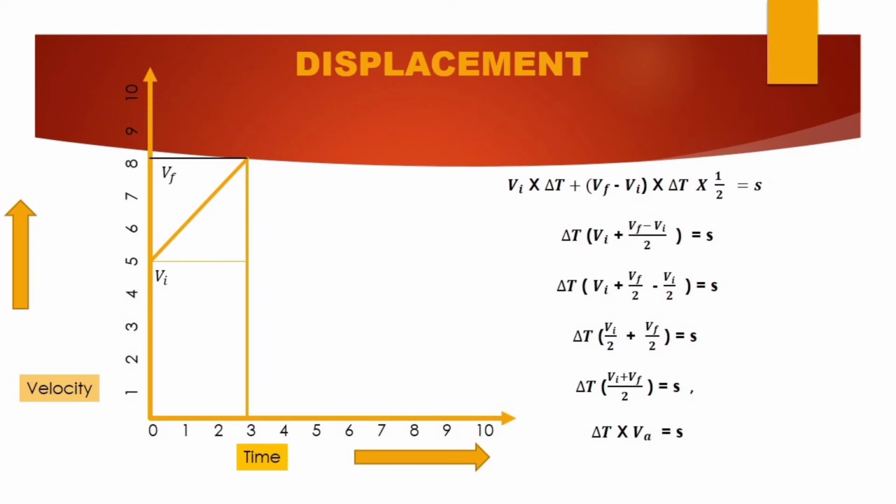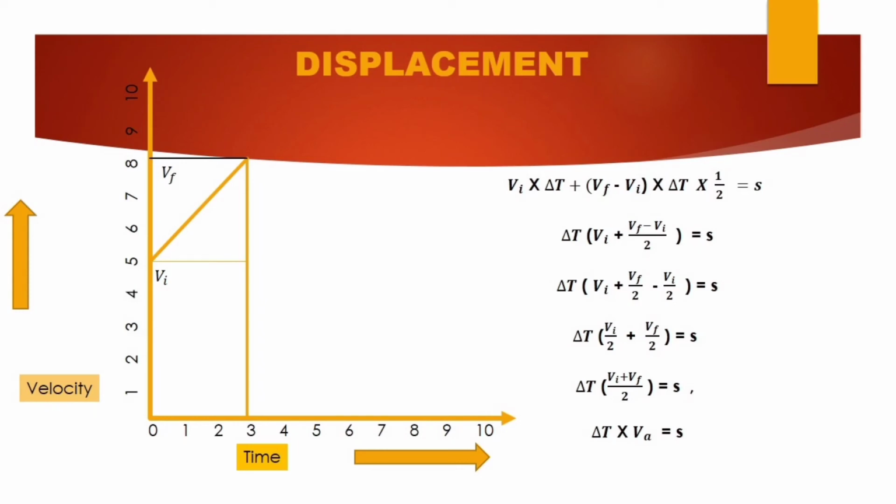From this graph, area of rectangle plus area of triangle is the displacement. Area of rectangle can be written as initial velocity vi into time duration delta t. Area of triangle can be written as final velocity vf minus initial velocity vi multiplied by time duration delta t into half.